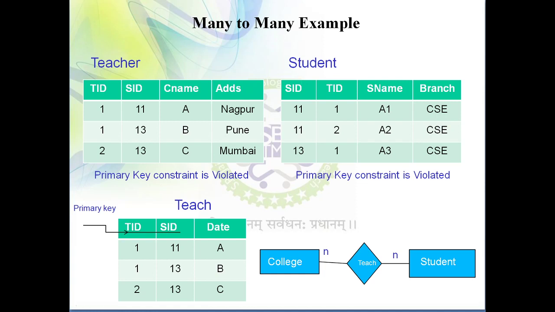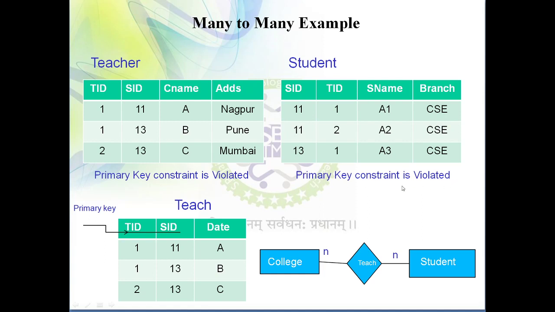The primary key for the student table is student ID, but here student ID is repeated because one student is taught by many teachers. In college a number of subjects are there, so they are taught by multiple teachers. That means in the student table also, the addition of the new attribute teacher ID is not allowed. Why? Because it will violate the primary key constraint.